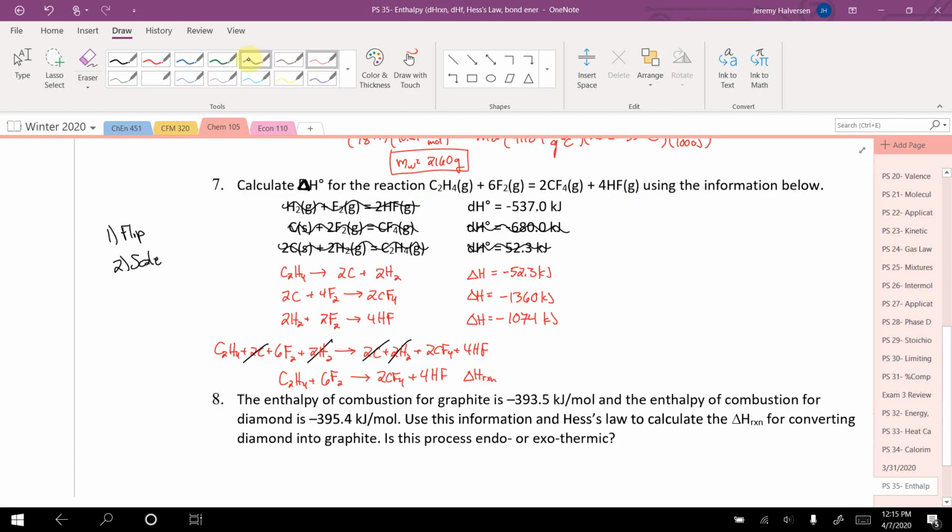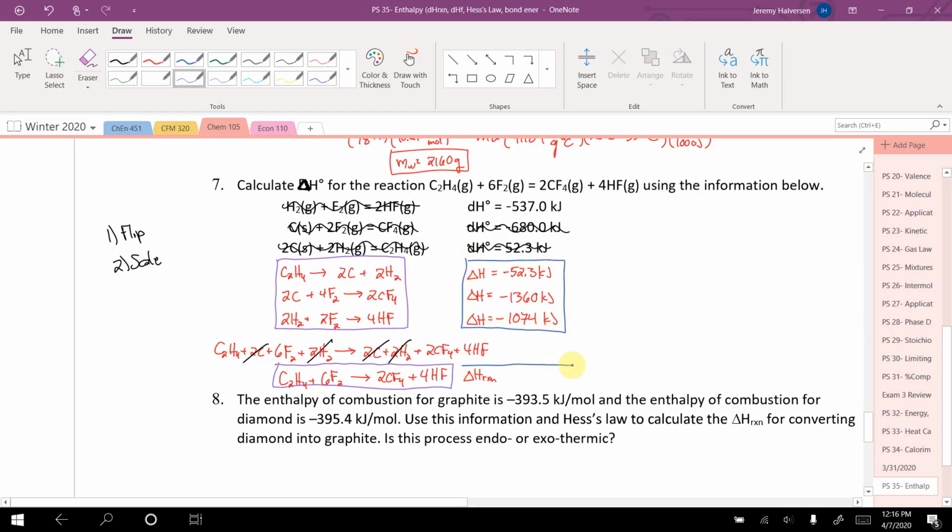Well, because these equations add up to this equation, Hess's law tells us that these delta H's will add up to this delta H. So we can literally just add them up now.